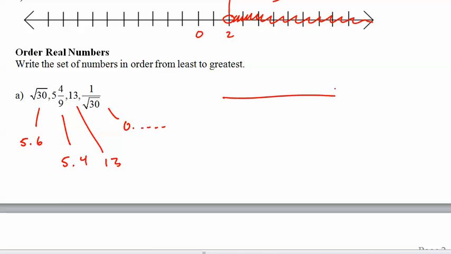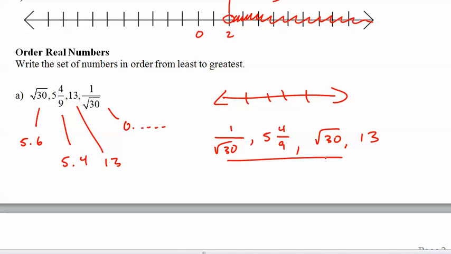So if I'm going to put them on a number line, I'd plug them all in. But if I'm just going to order them from least to greatest, then 1 over root 30 is my smallest. 5 4/9, my next biggest. Root 30 and 13. I'll go in that order.